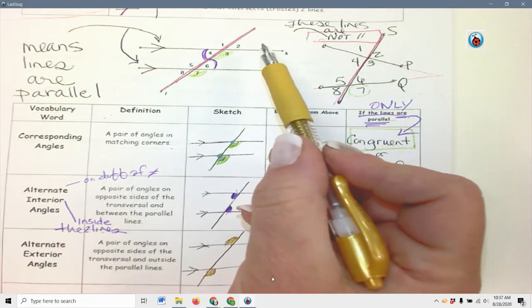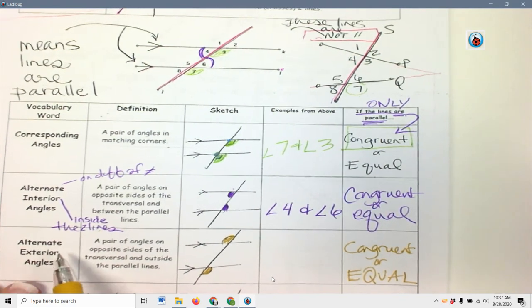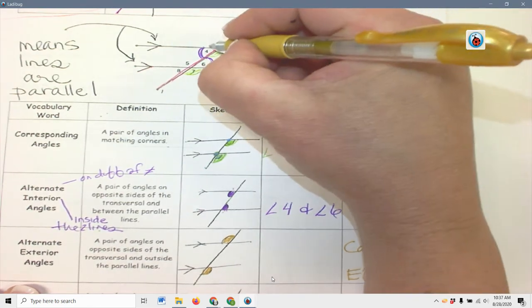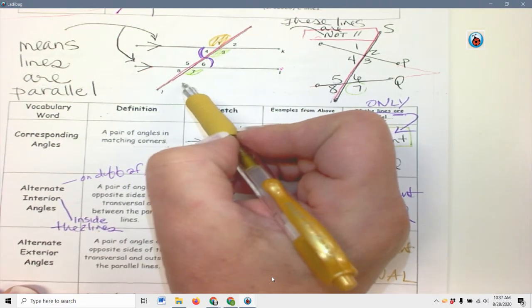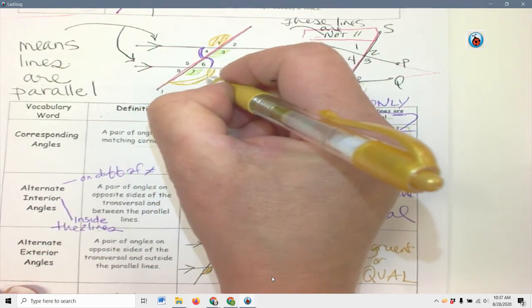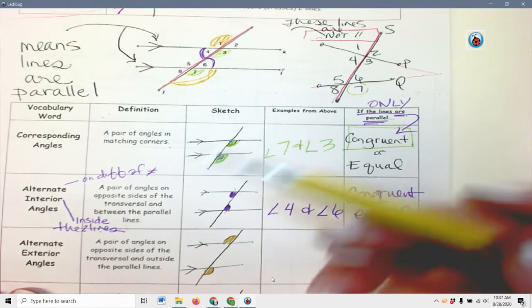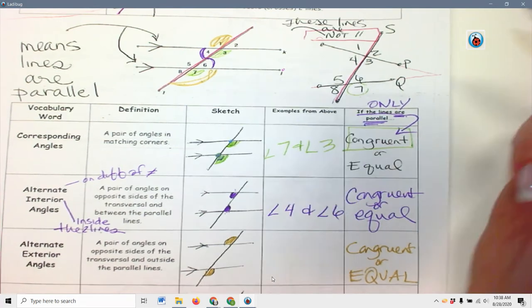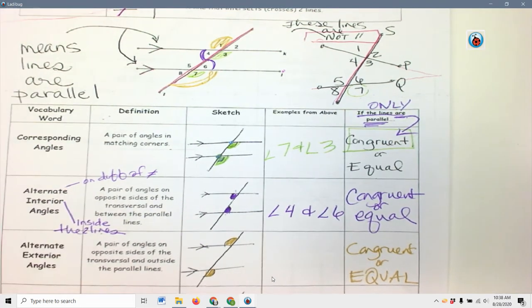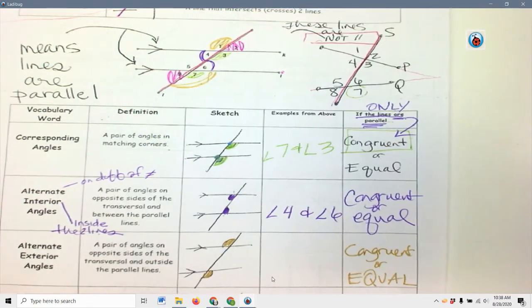And on the picture up here, remember when they're alternate, they are on different sides of that transversal, but they are on the outside of the two lines it crosses. So 1 and 7 are alternate exterior angles, but 2 and 8 are as well.